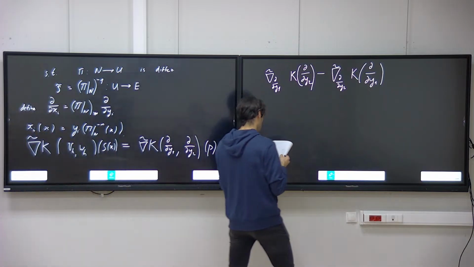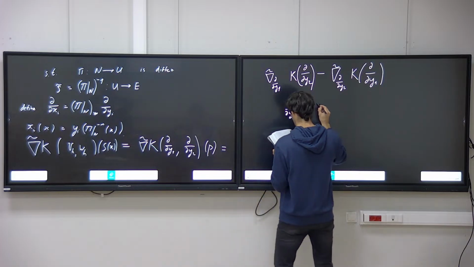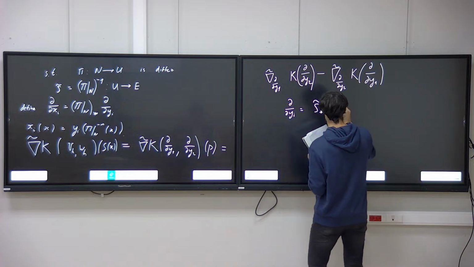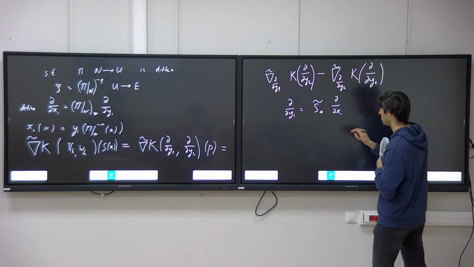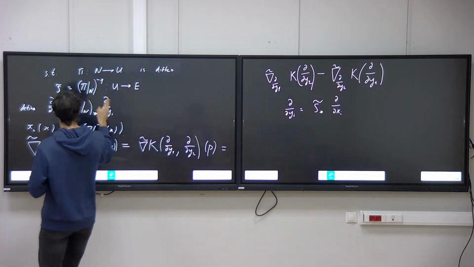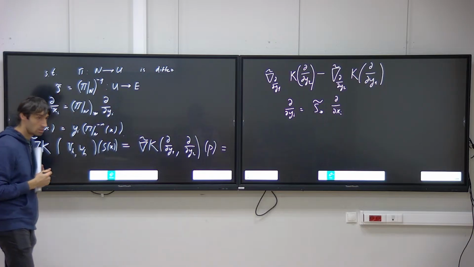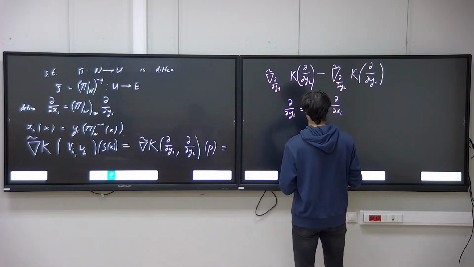So therefore, actually d over dyi is the push forward of d over dxi with respect to S tilde. This is just because of this and because of this, right? So I take this, substitute in here.